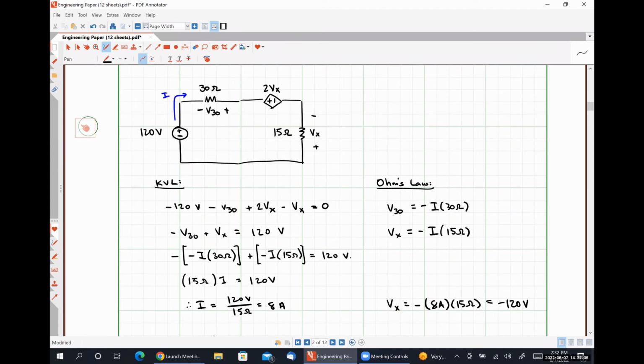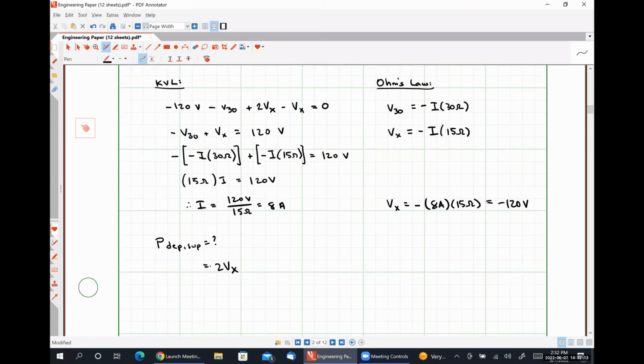The current that's flowing into the negative polarity terminal is negative I. And we could then simply substitute in our numbers, right?